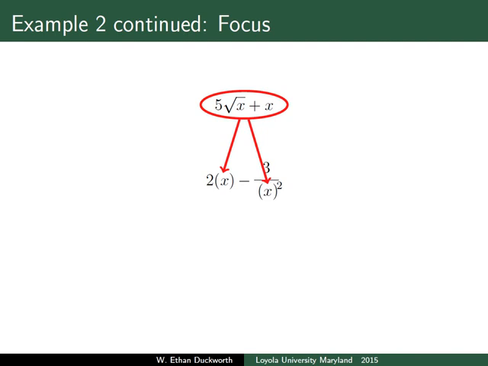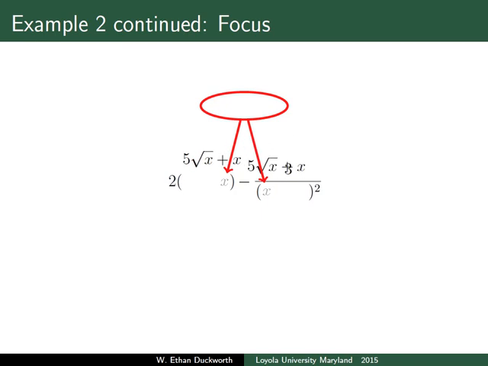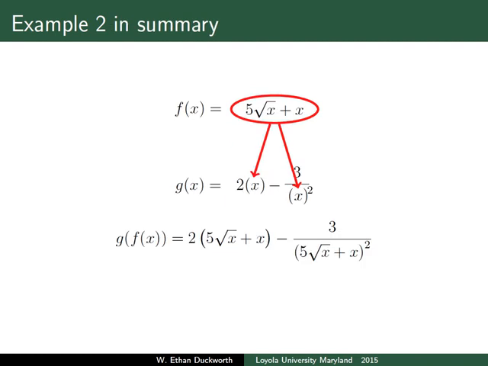And then I'm going to draw arrows showing you where the stuff on top goes. And there's the animation. And that's the result. Let me again summarize this. We have f on top, we have g in the middle, and on the bottom we have the result of plugging the stuff into g.